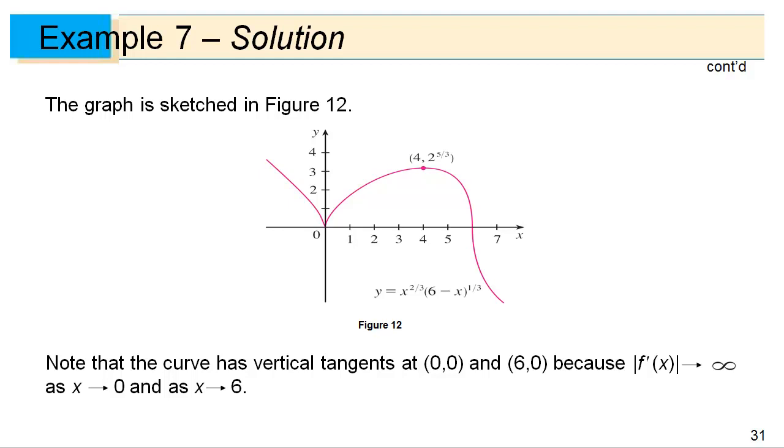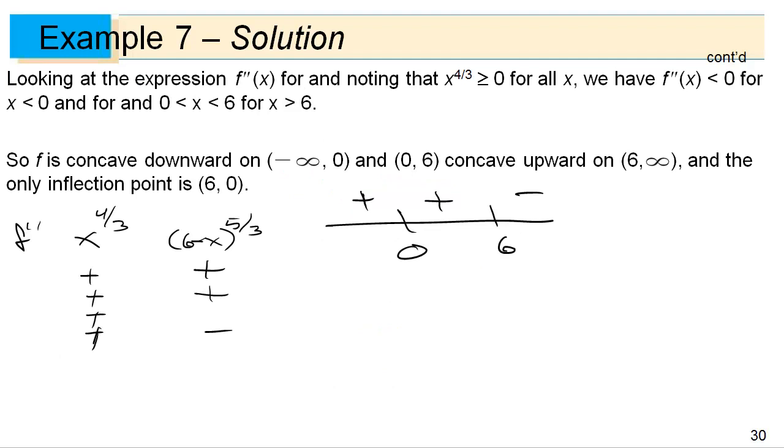Well, it's because we made a very common mistake, and it's one that I wanted to make here to highlight how easy it is to forget something and then get the completely wrong answer. And what we forgot was the constant, right? The second derivative, f double prime, was equal to negative 8 over x to the 4/3 times 6 minus x to the 5/3.